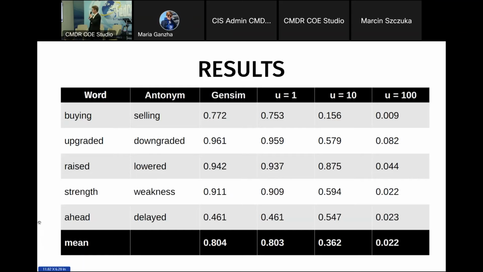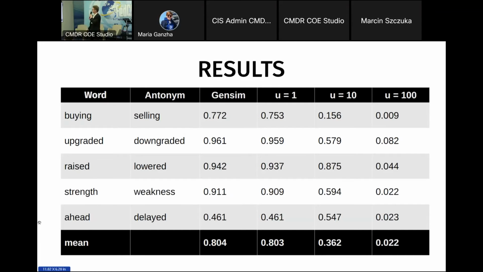And what we can basically see is that as the U grows, the cosine similarity goes down, with the only exception being the last row in the table, ahead and delayed. This is the only case where the cosine similarity actually increased a bit. But otherwise, in all other cases, the cosine similarity went down for U equals 10.